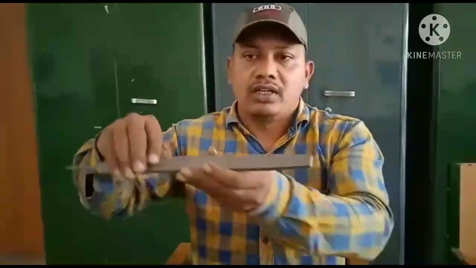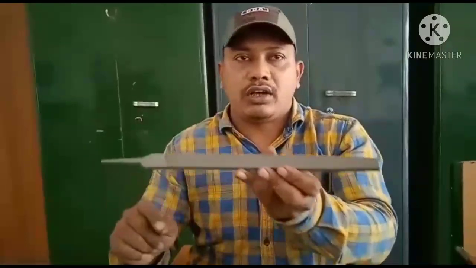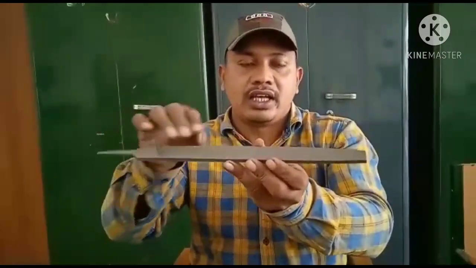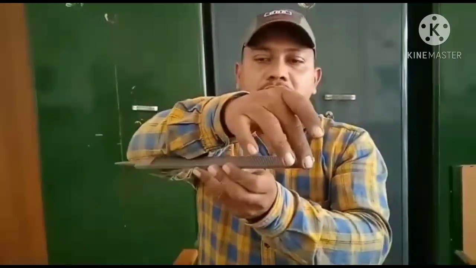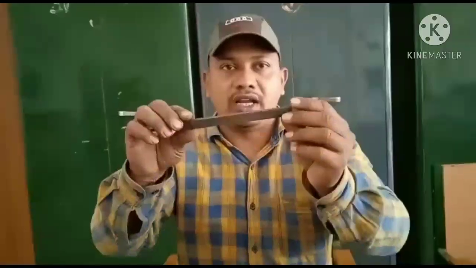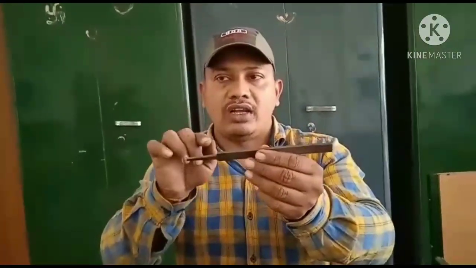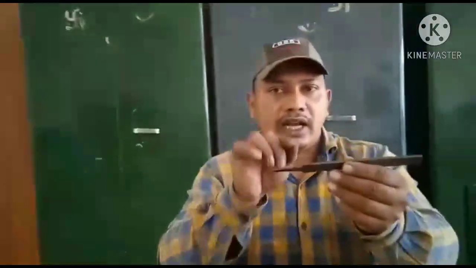Flat file: the cross section of this file is rectangular, so it is called flat file. Hand file is similar to flat file, but its length is small, and one side has no teeth.